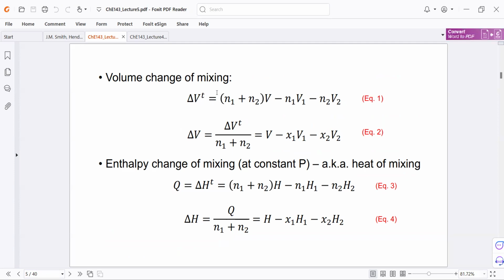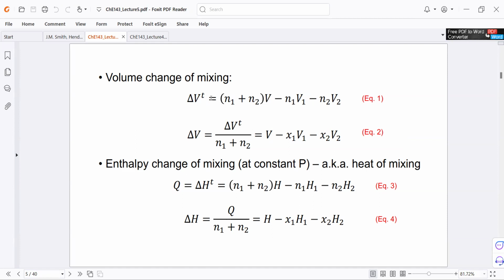It is the final volume, V, the specific volume multiplied by the total number of moles, minus the initial volumes of the two compartments, V1 and V2, multiplied by their respective numbers of moles. So this would give us the delta V of mixing.